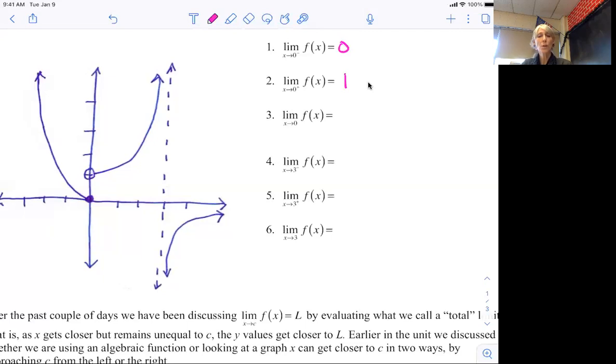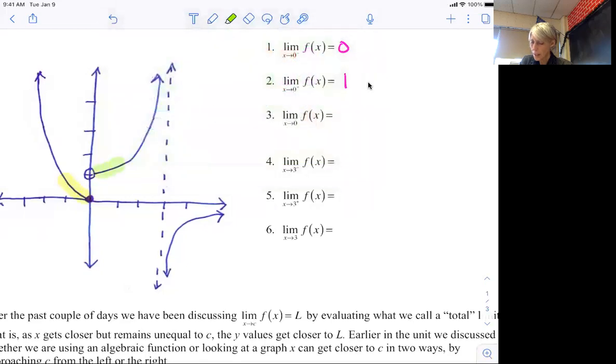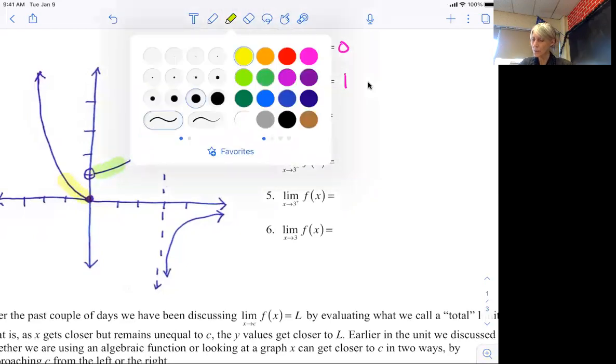The limit as x approaches 0. Now I have to consider both directions. So let's say we look there and look there. Are my highlighted sections going to the same value?